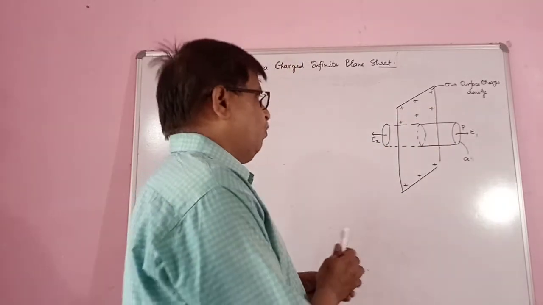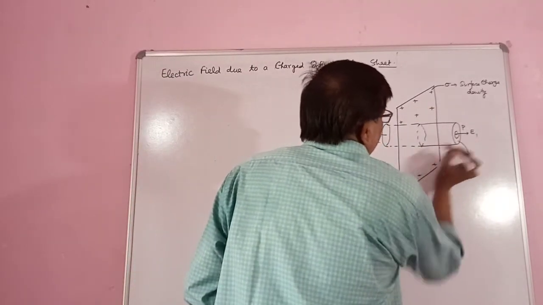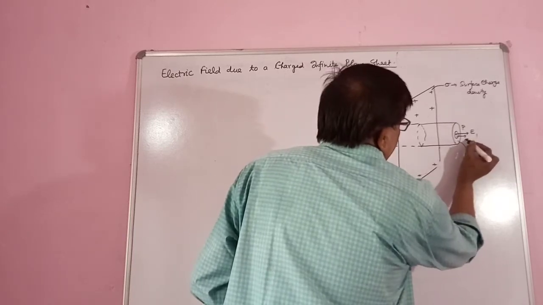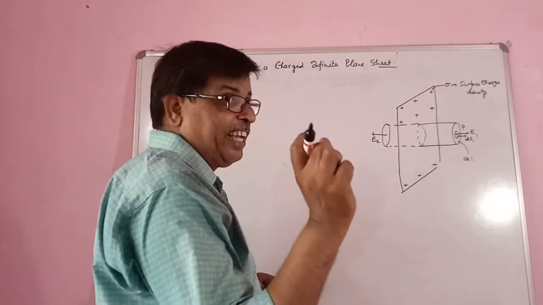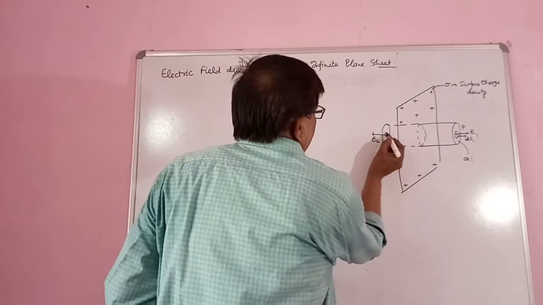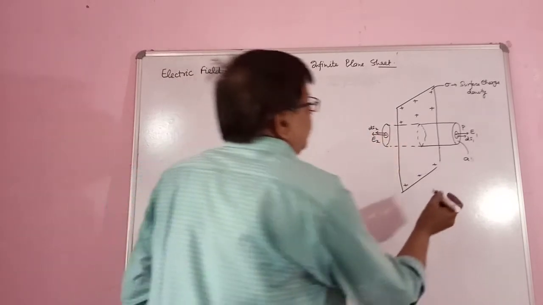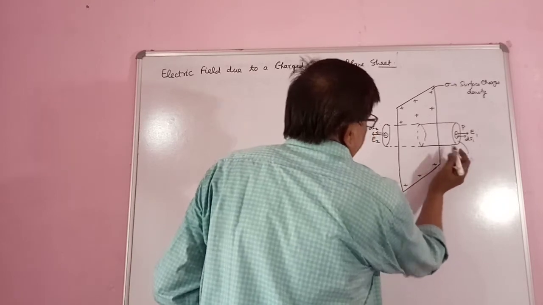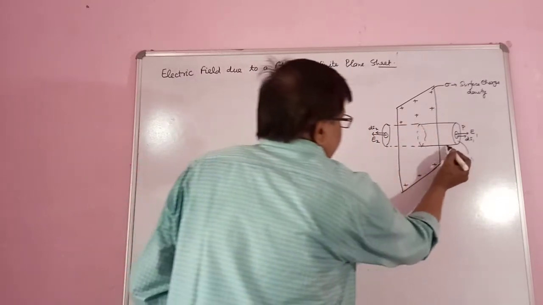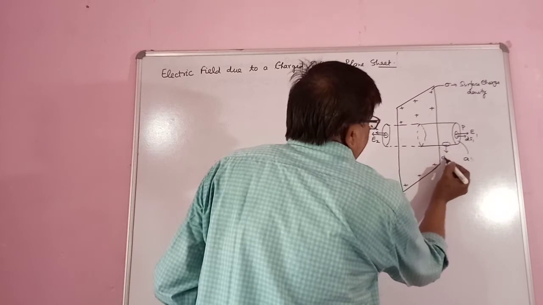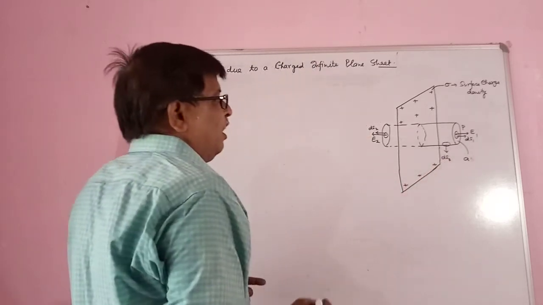So we take three small elements. This is ds1, area element ds1. This is ds2, and we take third area element on the curved surface, that is ds3.